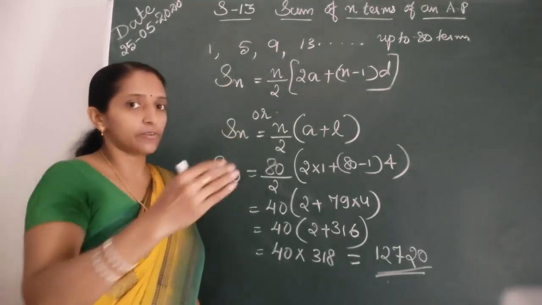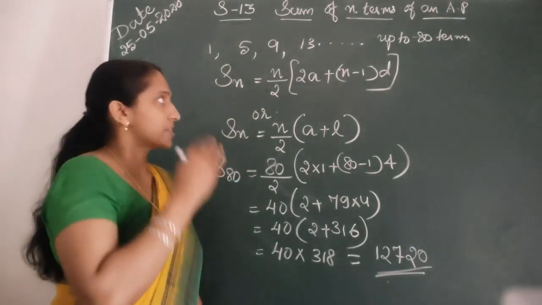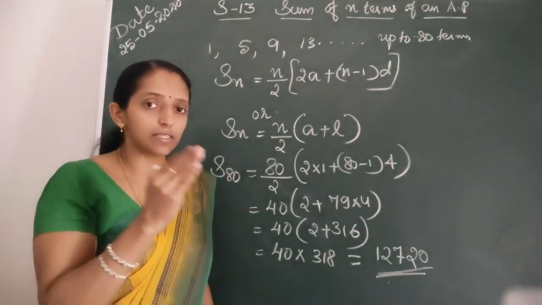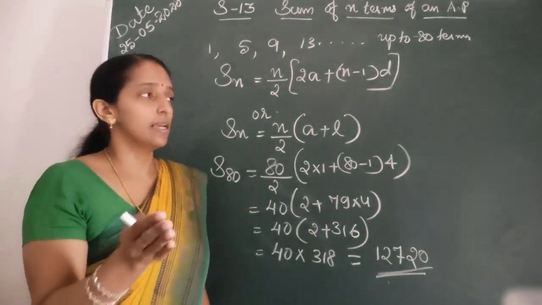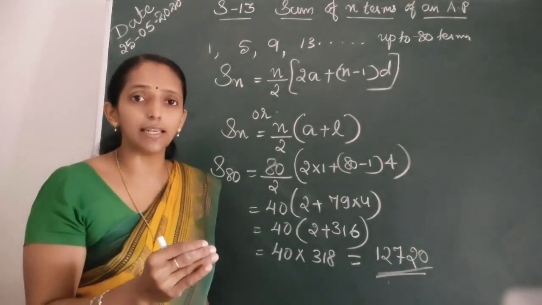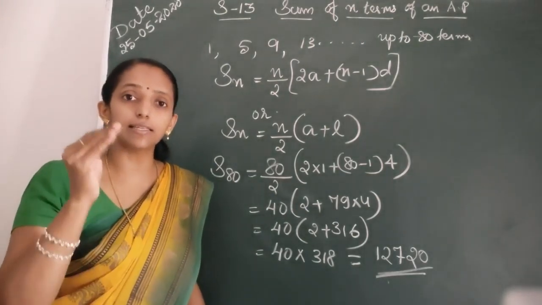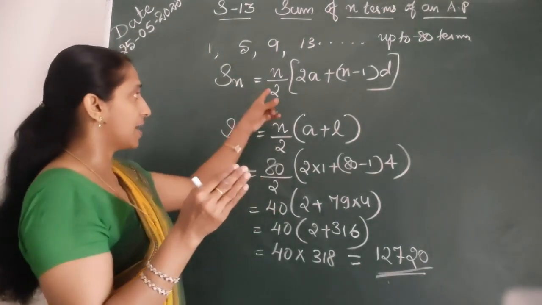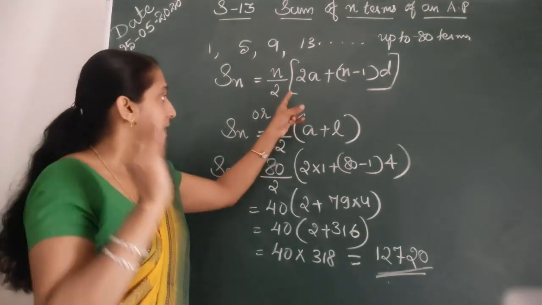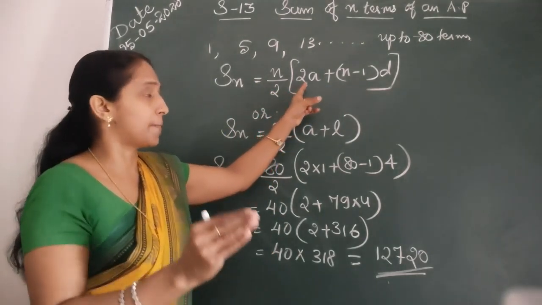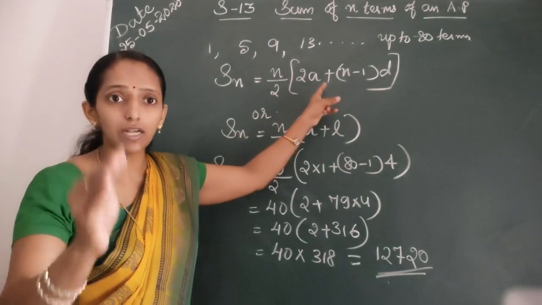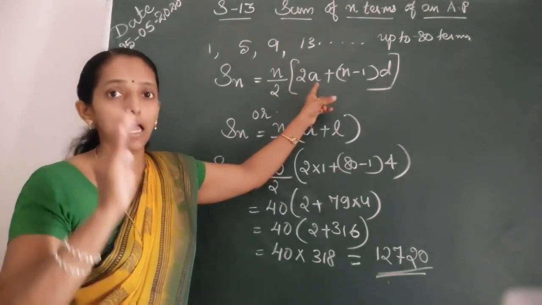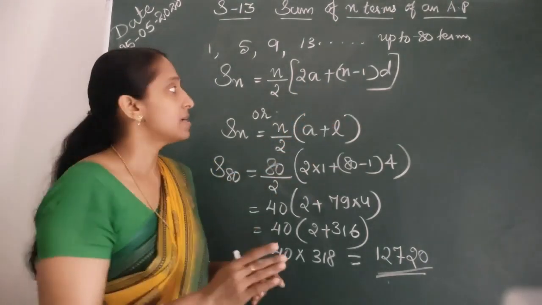So that type of series is known as AP, and the first term is denoted by the letter a and the common difference is denoted by the letter d, such that if you have a series, we can calculate the sum of n terms of the series by taking the formula Sn equal to n by 2 into 2a plus n minus 1 into d, where n is the number of terms, a is the first term and d is the common difference.